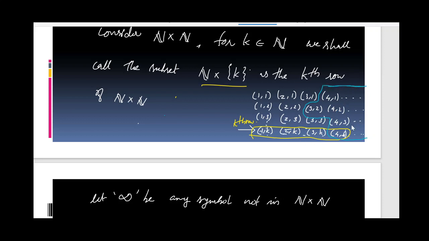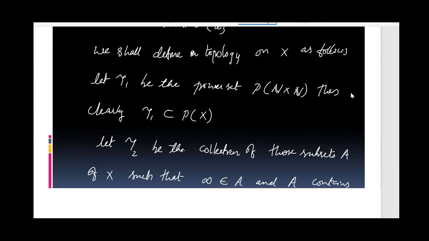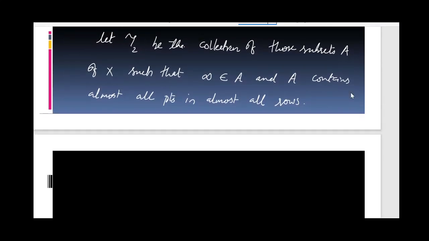If I am considering this set, I have got almost all points from almost all rows, and this set contains closed alpha also. In such a case, we will say that set to be A. So A is a subset which contains closed alpha and almost all points from almost all rows.